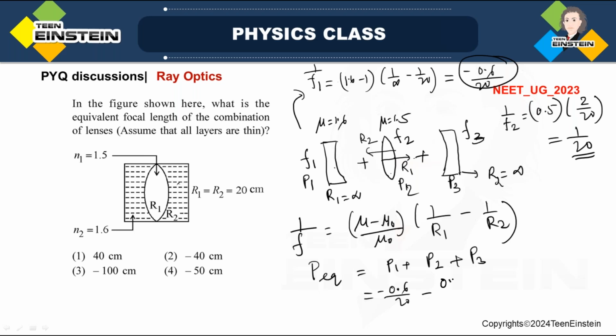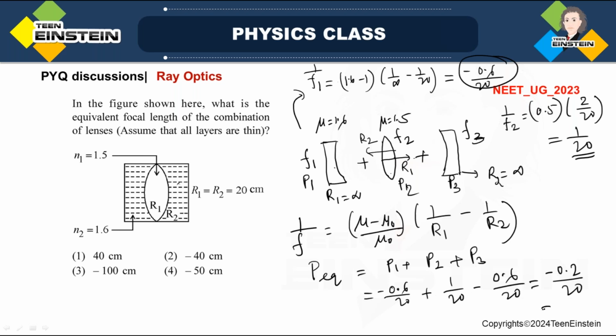Minus 0.6 by 20. I'm sorry, this is for P3. It is 1 over 20 with a positive sign, 1 over 20, and this is again 0.6 by 20. So this will give you minus 0.2 divided by 20, right?